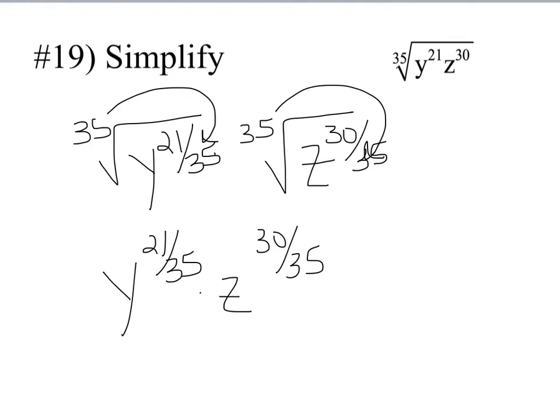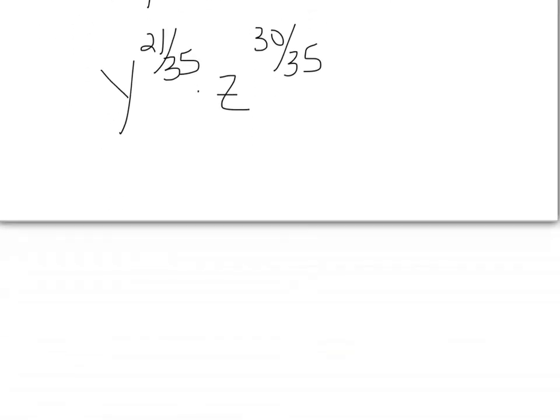And hopefully you can see right away that both of those can be reduced. The y exponent can be reduced by 7, leaving me 3 over 5. And the z exponent can be reduced by 5, leaving me 6 over 7.